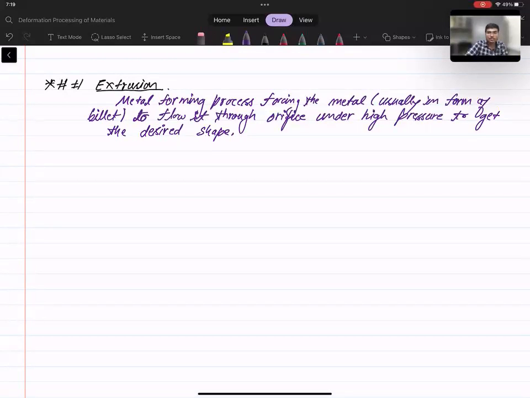We will see in a while through schematics how this metal forming operation is carried out.